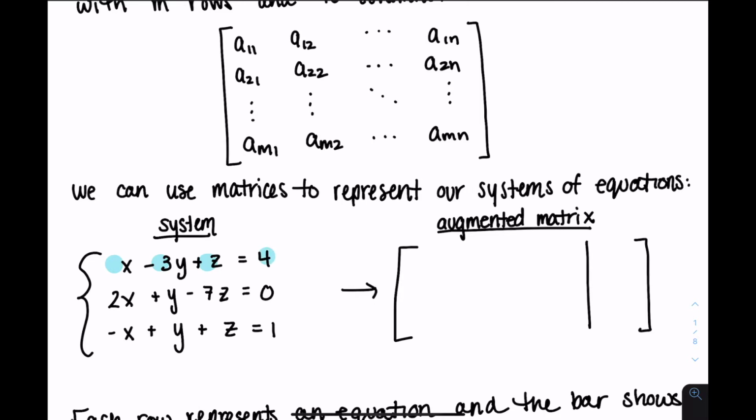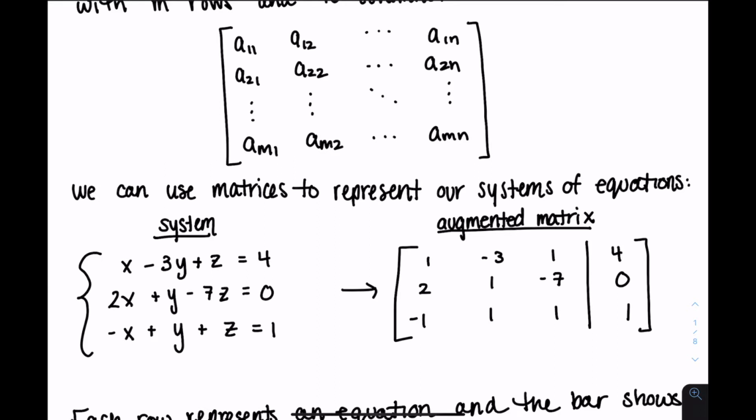This first equation tells me there's 1x, negative 3y's, 1z, and then 4 is our constant term. If I go through my second equation, I've got 2x's, 1y, negative 7z, and that equals 0. The last equation is negative x, 1y, plus 1z equals 1.